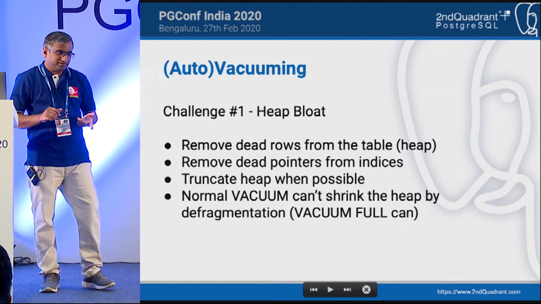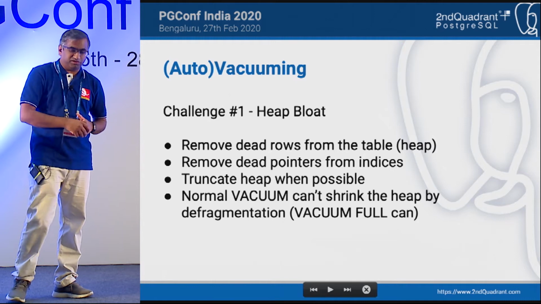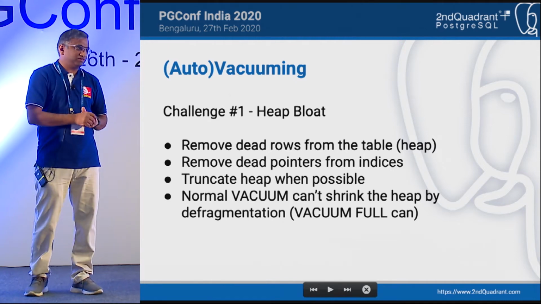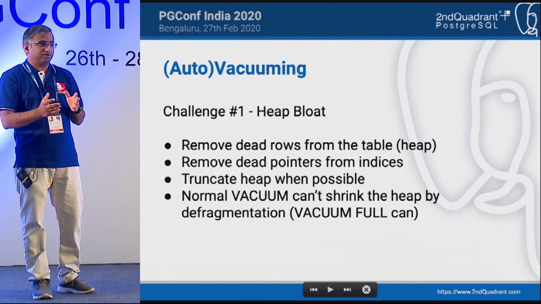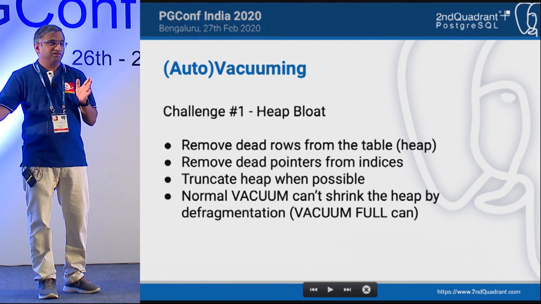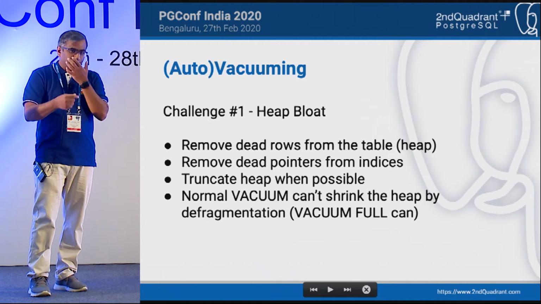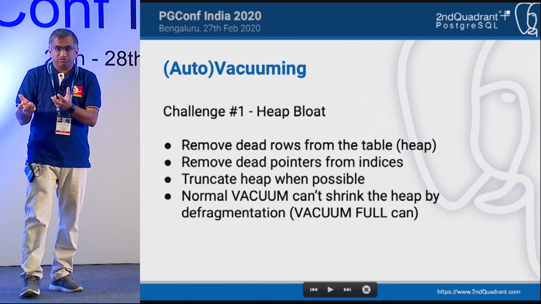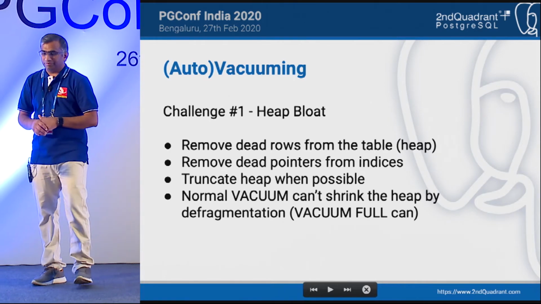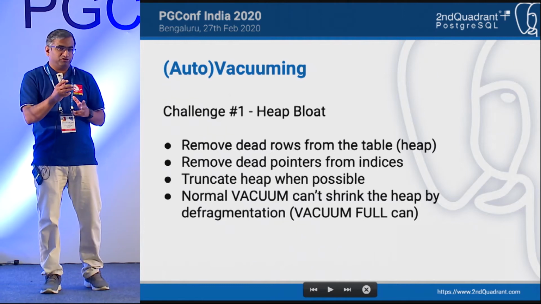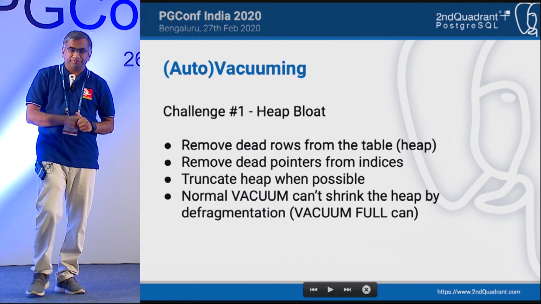So how do we deal with these challenges? The challenge number one, which is the heap bloat or the main table bloat, we have something called vacuum to address that. Vacuum is nothing but going through the table, trying to find which row versions you can safely remove, and somehow reclaim that space from the table. Also, you want to remove the dead pointers from the index as well.